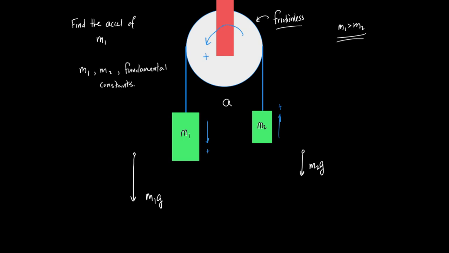The only way M1 accelerates downwards is if tension is less than the weight. But the only way M2 accelerates upwards is if tension is greater than the weight. However, with a massless pulley, I said frictionless, but I meant massless as well.